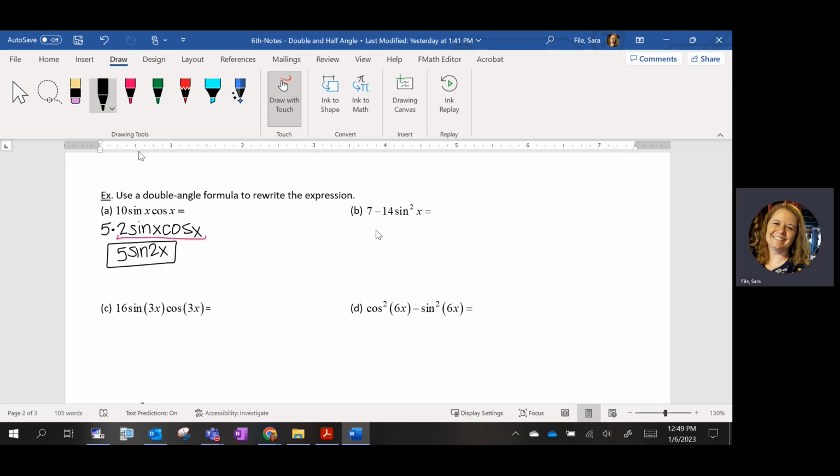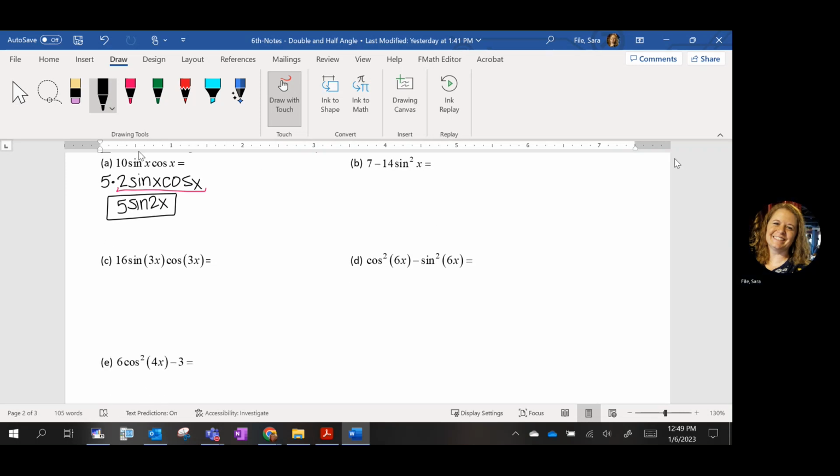Okay, so for B, this looks similar to the format of one of the double angle identities. Which one does it look similar to? The cosine. But what is the cosine identity? 1 minus 2 sine squared. I started to write 2 minus 1, sorry.